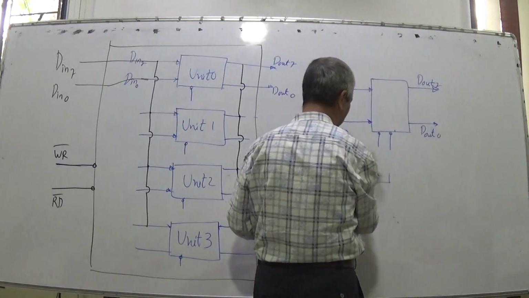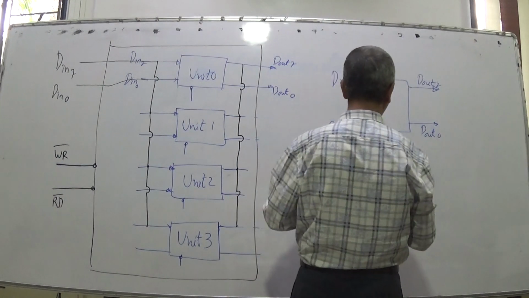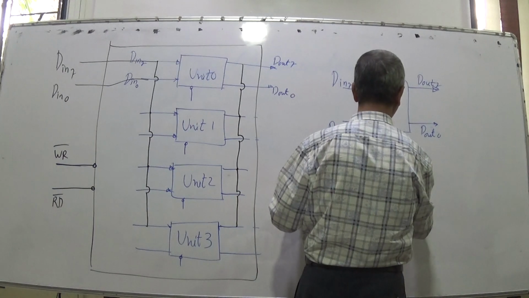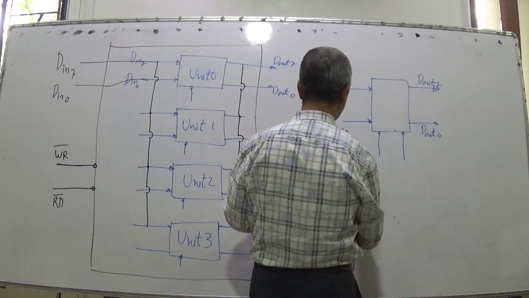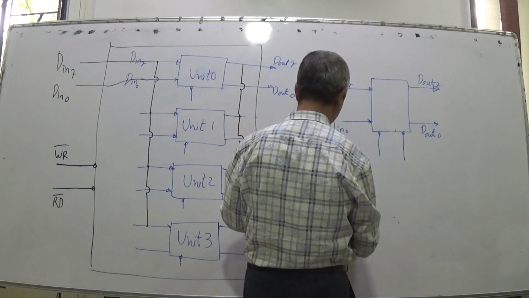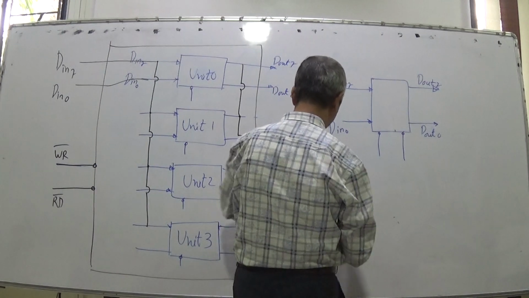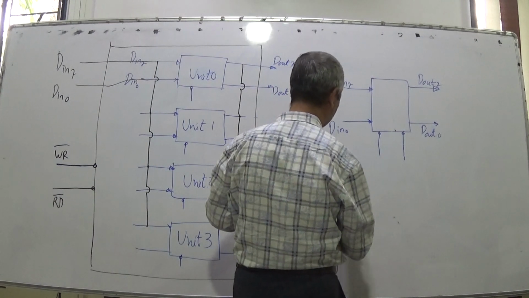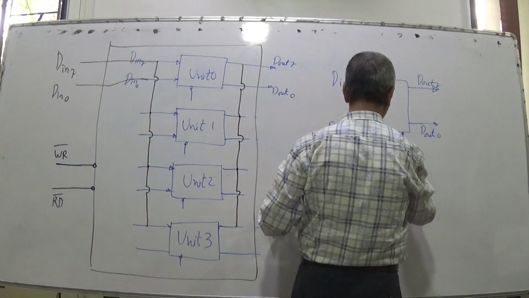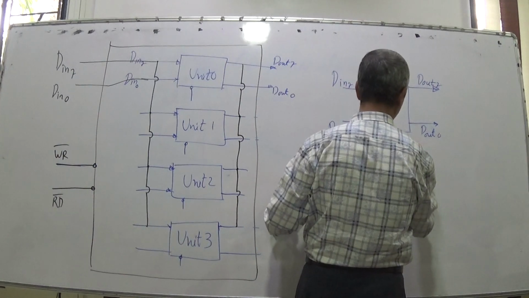It is very simple. This was your write bar, this was your read bar. This was the read bar of the chip, this was the write bar of the actual chip, this was the read bar of the actual chip.